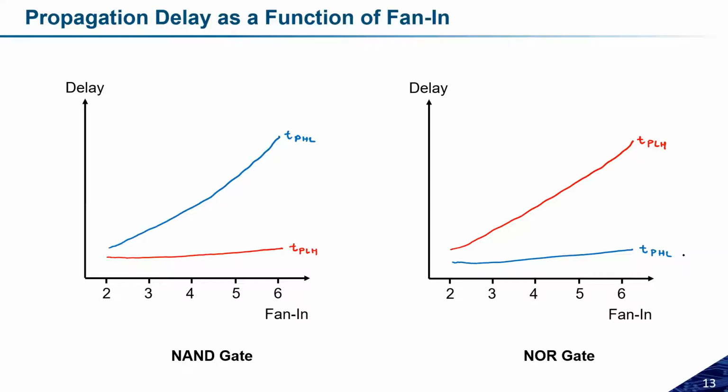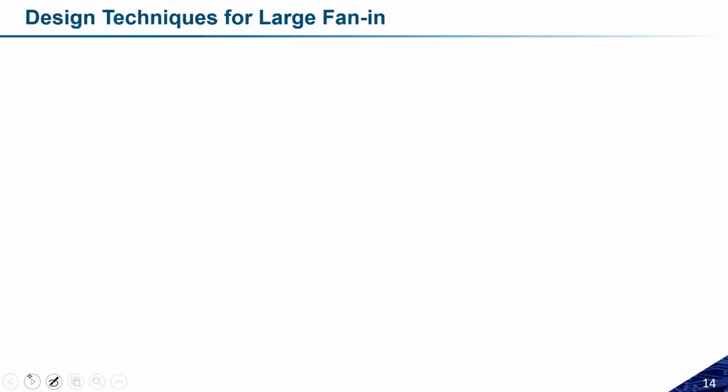Now the question is how to optimize the propagation delay if we are getting this kind of behavior. So how to optimize the delay? In the next slide, design techniques for large fan-in. If I have a large fan-in, what are the solutions to reduce the delay?